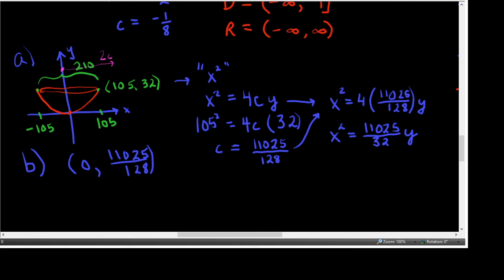Now, since this is kind of a real world problem, a lot of times the decimal form of that number will seem better. So that would round to about 86.1.